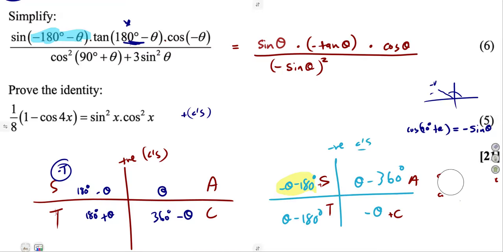For cos of 90 plus theta, cos is negative there, so it's a negative sign. If it was a sine, because in the second quadrant sine is positive, when you write it as a cos it is just going to remain cos theta. Here it's negative, so it must be negative; here it's positive, it must be positive. That's the concept.